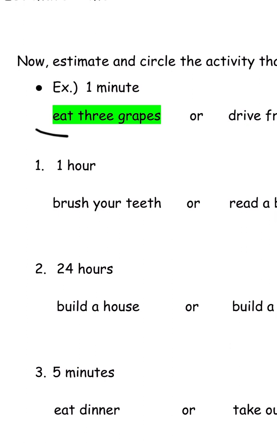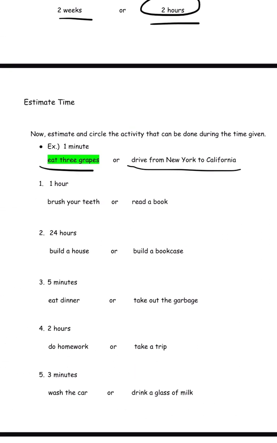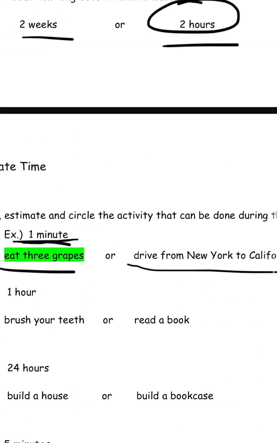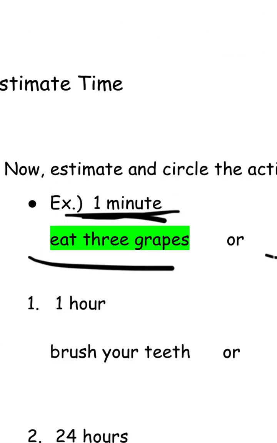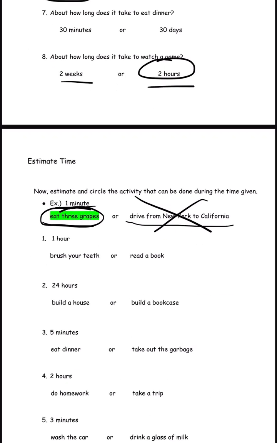We can either eat 3 apples or drive from New York to California. Driving from New York to California would take a long time since it's very far away. We only have 1 minute, so this wouldn't be possible. Eating 3 grapes would be much more reasonable.